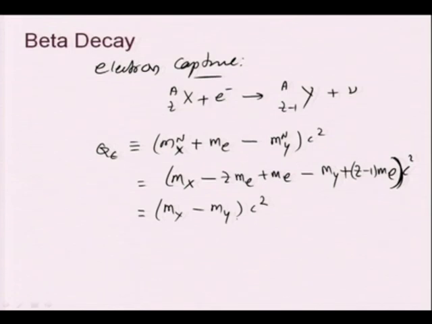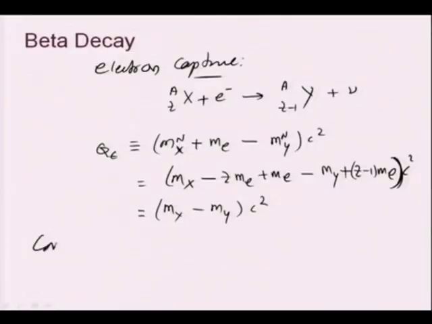But there is one small correction to it. What is happening in this case is that an atomic electron is captured. The atomic electron is not a free electron. So, when you add the energy as m_e c square, that is not the energy that is actually available. It is only m_e c square minus the atomic binding energy which is available.